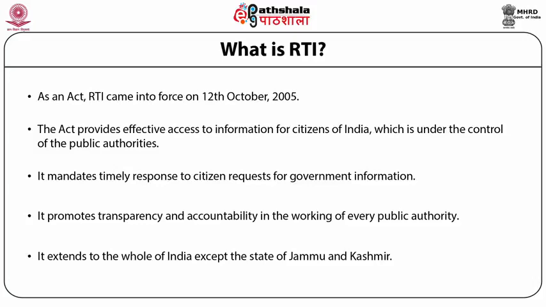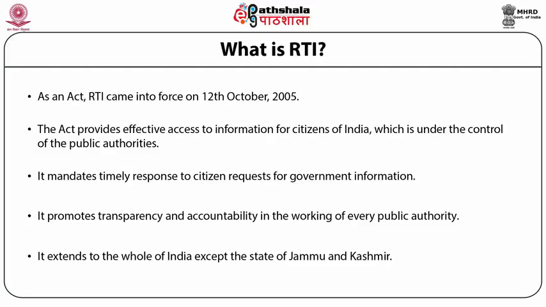To achieve this object, the Right to Information Bill was introduced in the Parliament and was passed by the Lok Sabha on 11th of May 2005 and by the Rajya Sabha on 12th of May 2005.